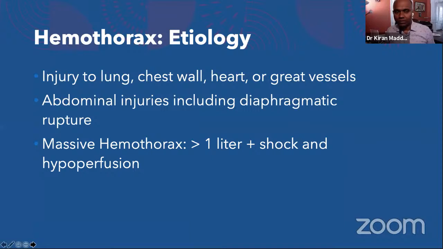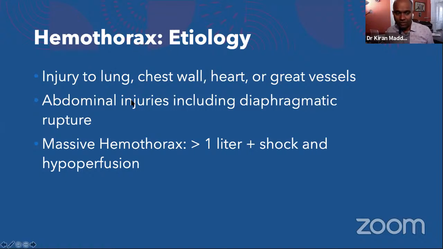So what are all the causes of hemothorax in a case of trauma? It could be secondary to the injury of the lung, which can cause pleural effusion and hemothorax, chest wall injury, heart injury, and great vessel injury. All these things can cause hemothorax. Hemothorax diagnosed on X-ray just functions as a guideline to further management.